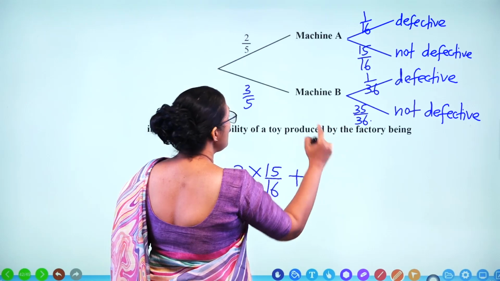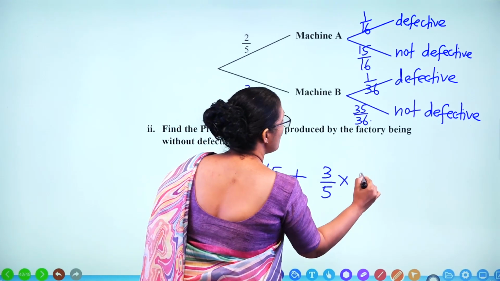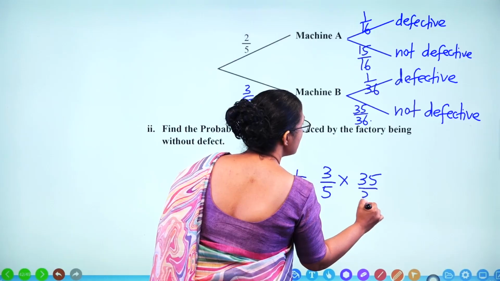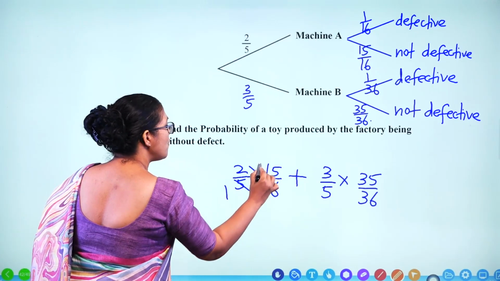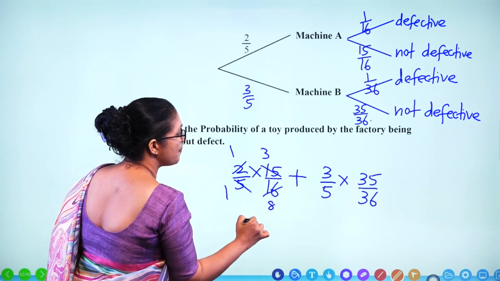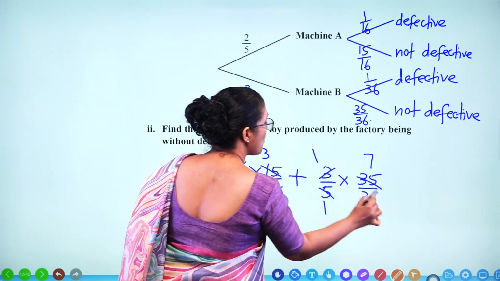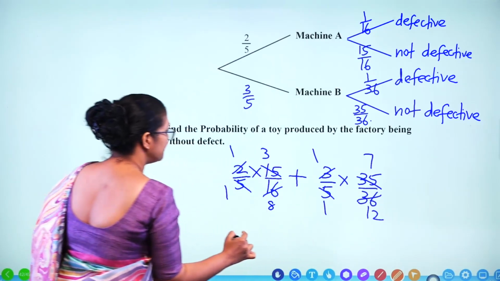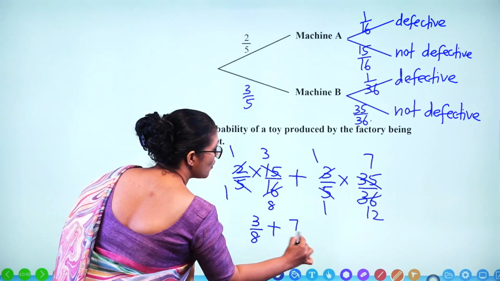Or from machine B, this can be 3/5 into 35 over 36. Simplify this. 5 times 1, 5 times 3. 2 times 1, 2 times 8. 5 times 1 and 5 times 3 here. 3 times 1, 3 times 12.